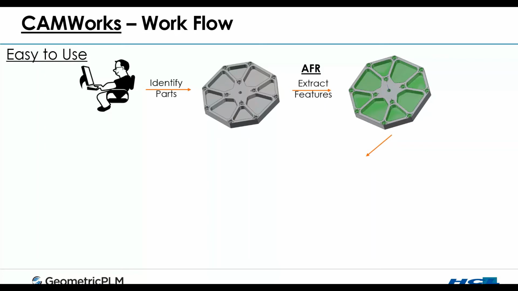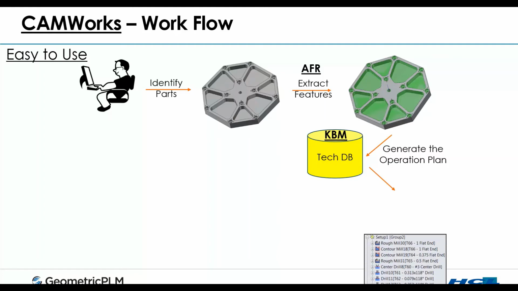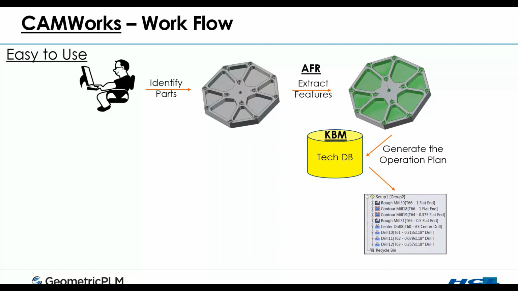After that recognition is done, it goes to the technology database, wherein we have saved all the information on tooling, feeds and speeds, the machining features, and what strategies need to be created. It will extract all that information from the technology database.